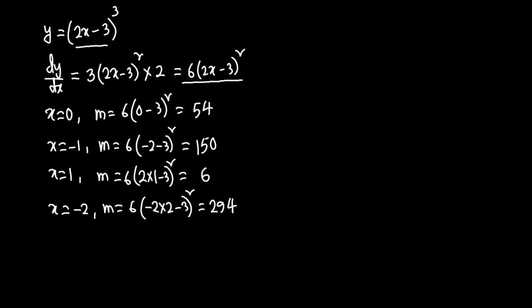And we can use any other value, no problem. Every value should give the same as the calculator. Manual is the same, definitely. For x equals 2, 6 into (2 into 2 minus 3) whole square, which is 1 square into 6, which is 6.